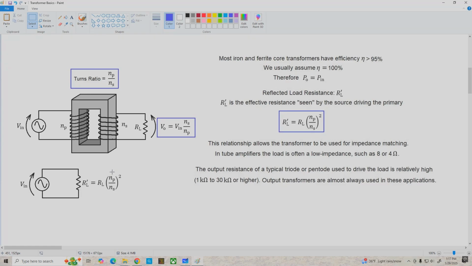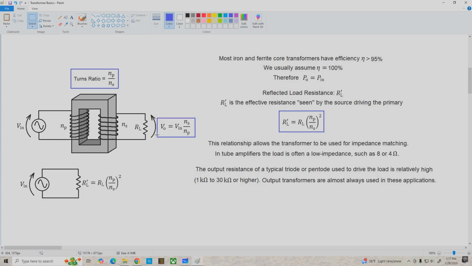And it turns out this is a really useful relationship because it allows us to match dissimilar impedances from the secondary to the primary. For example, if we consider the case of a vacuum tube amplifier, we're driving the primary with this tube and it has a plate resistance of, say, somewhere from 1,000 ohms to 30,000 ohms or more, maybe even 100,000 ohms in the case of some pentodes.